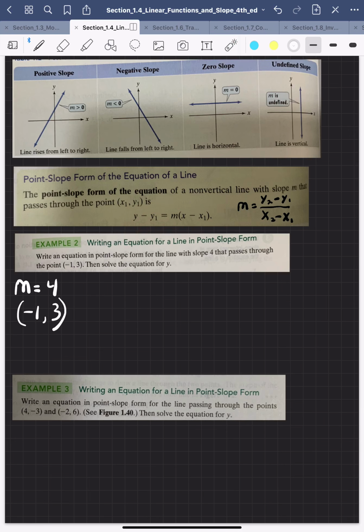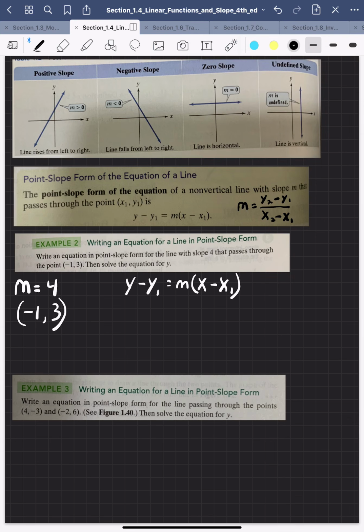So y minus y sub 1 equals m times x minus x sub 1. Now, the book uses the notation y and x. But in all honesty, I like this y sub 2 minus y sub 1, x sub 2 minus x sub 1.